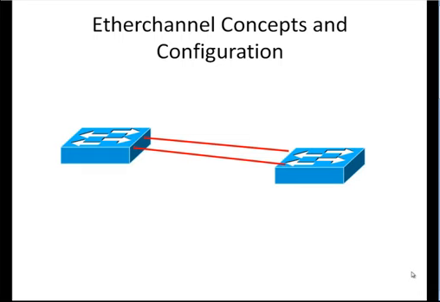But by using this Etherchannel concept, we can bundle these 2 links into one logical link called Etherchannel. And the switch will treat that Etherchannel link as a single link.